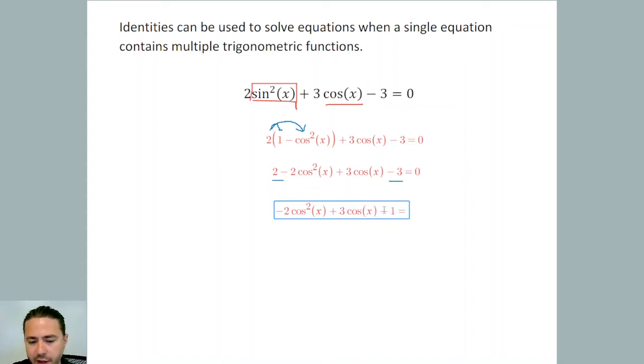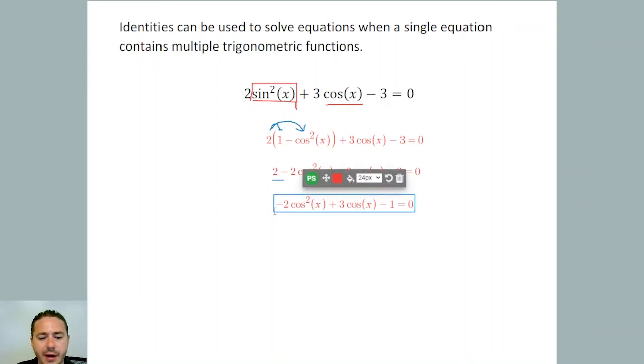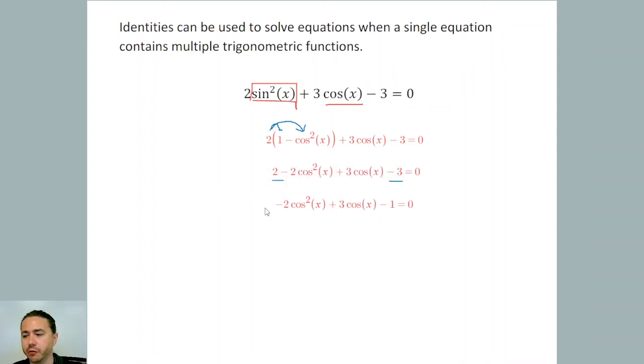So now we've got it in standard form. But again, we want that squared term to be positive. So you can approach it two different ways. One is you can add 1, subtract 3 cosine x, add 2 cosine squared x, basically just move everything from one side of the equation to the other. Or you could just multiply both sides by negative 1, which might be a little bit easier to think about. So I'm just going to do that. I'm going to multiply both sides by negative 1.